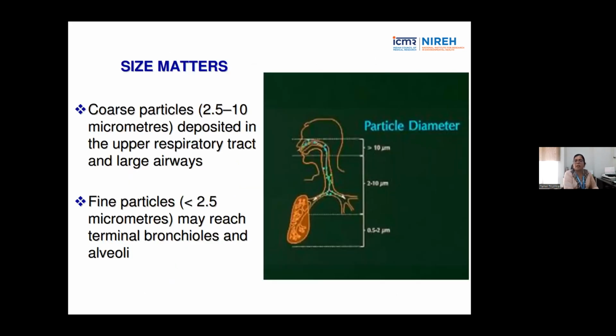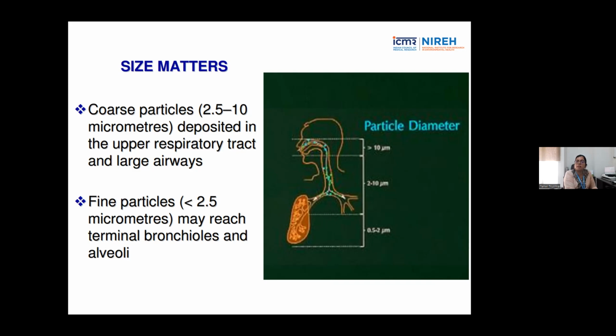Previously, I mentioned that particulate matter is divided according to size. Why is that? Size determines how particulate matter will affect us, because the respiratory tract is the main portal of entry. Depending on the size, the penetration of these particles is decided. Coarse particles get limited to the upper airways, whereas fine particles, less than 2.5, reach the lower respiratory tract, terminal bronchioles and alveoli.